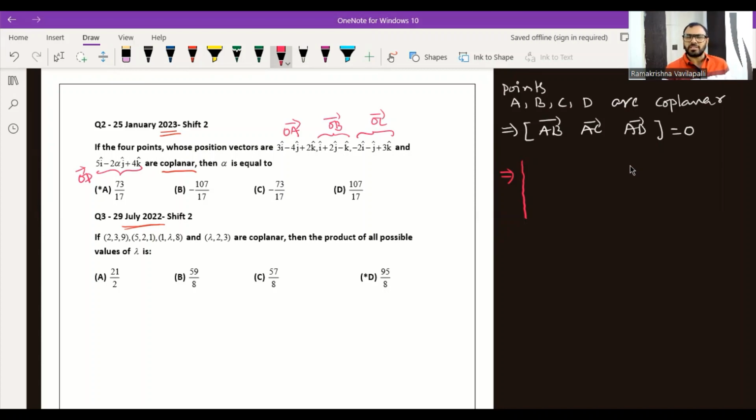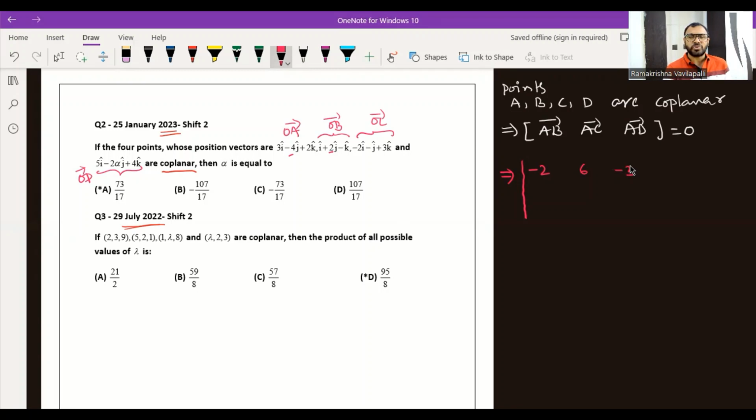Simply subtraction of numbers. So here you see, you will get minus 2, minus 2i. And here it is 2 and it is minus 4. So you will get 6. And next here minus 1, minus 2, minus 2. This is AB bar vector. Next AC bar vector. Subtract OA bar from OC bar vector.